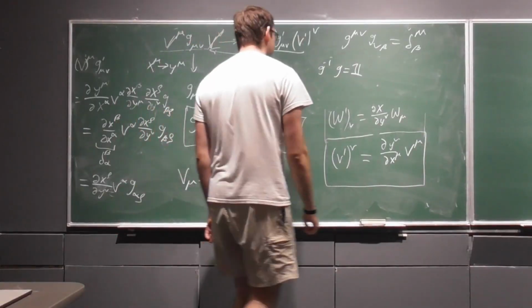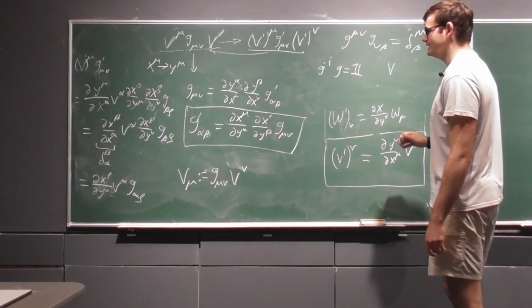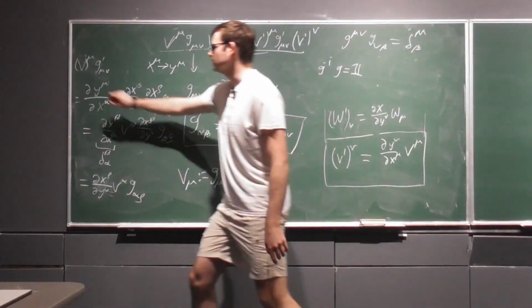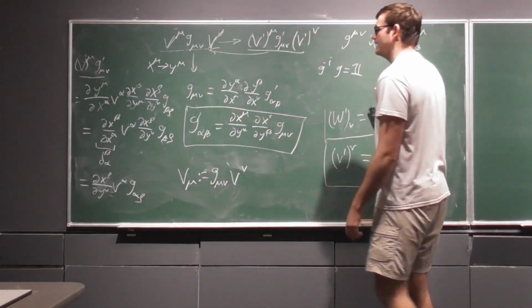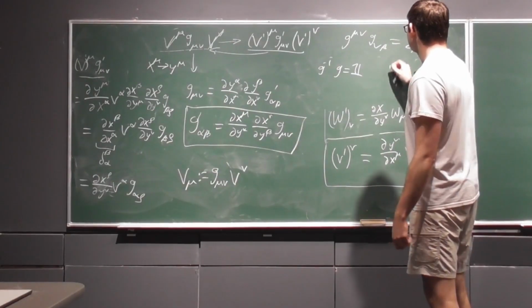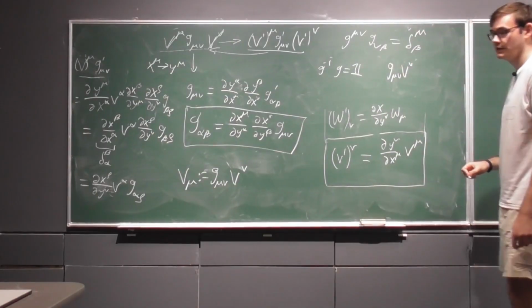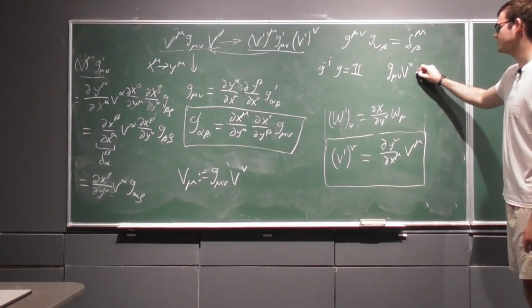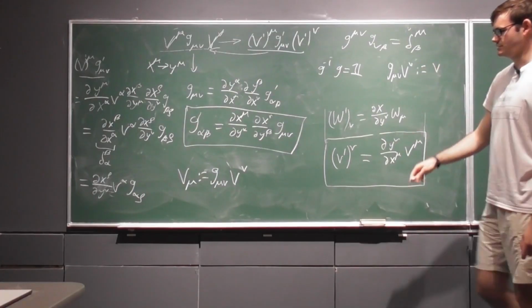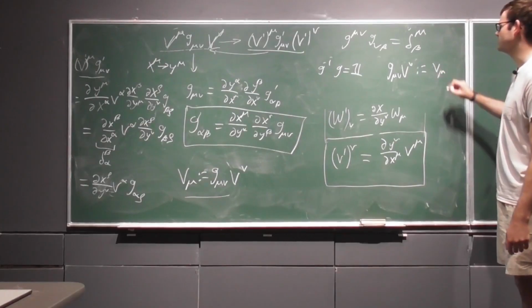So what I can do is take my quantity, this one here, right? G mu nu, V nu, and I've said this is equal to V mu.